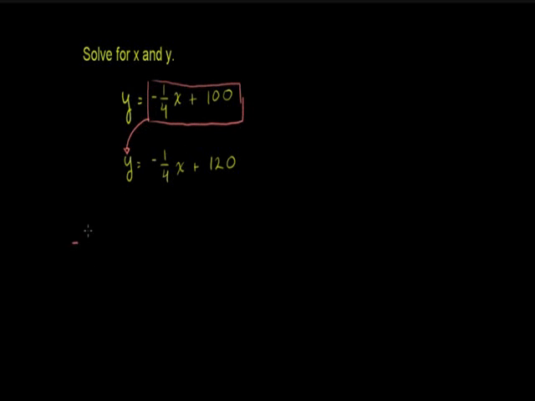Both are equal to y, so both must be equal to each other. This is very simple. The value of y in the other equation is minus 1 by 4 x plus 120. These are equal, and we can check both sides. Minus 1 by 4 x and minus 1 by 4 x are equal and can be cancelled out with each other, and the result is very simple: 100 equals 120.